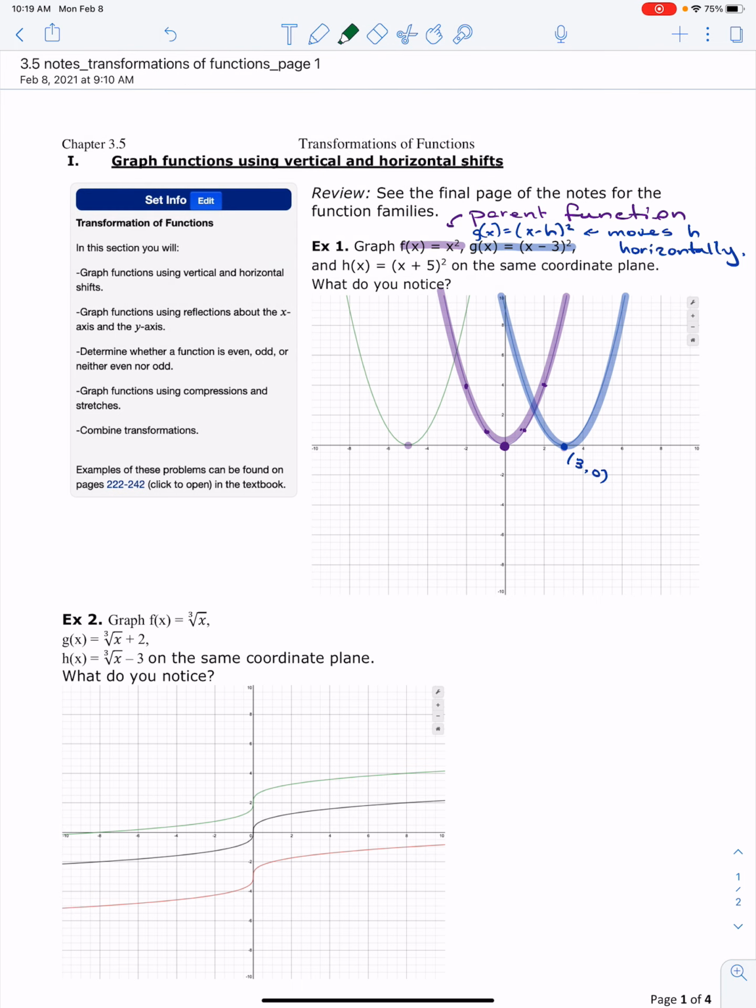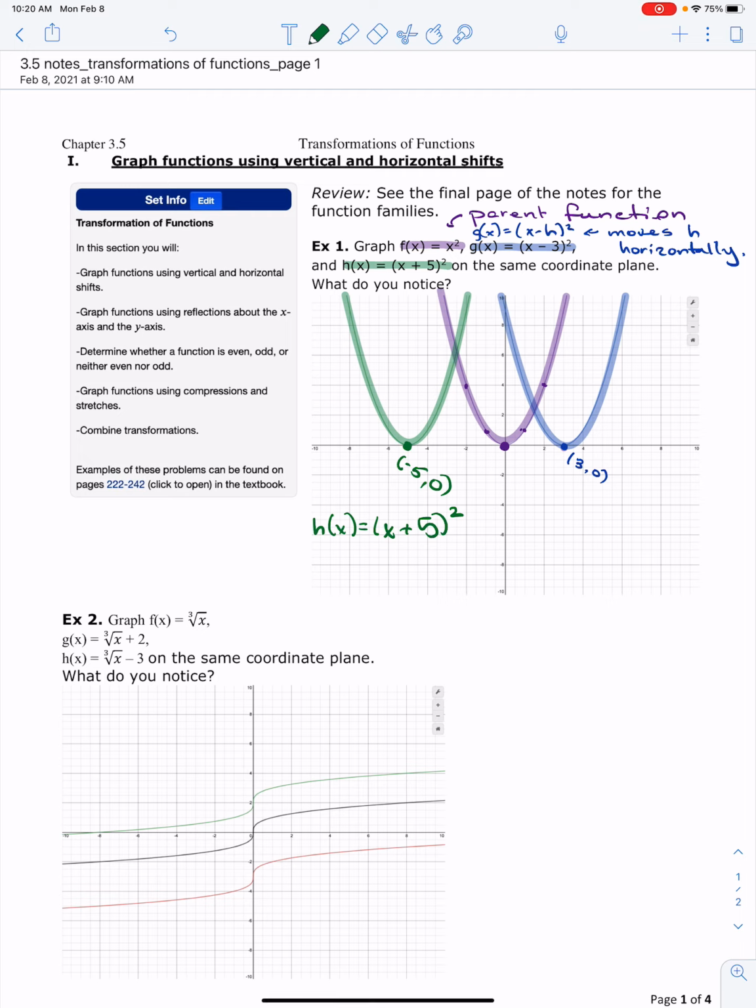So let's take a look at our other one here. We have got this graph that has moved 5 to the left. Let me make that curve a little smoother there. And so we have got our vertex right here at negative 5, 0. That is this equation. And let's just make sure that it matches what we were working with before. So we've got h of x equals, what does that say? X plus 5 quantity squared.